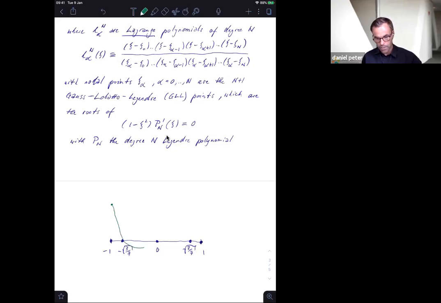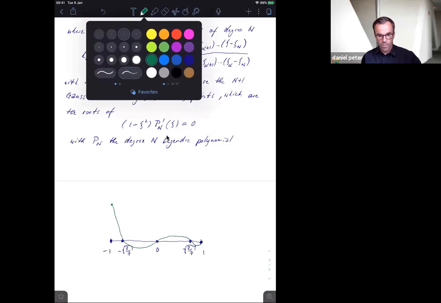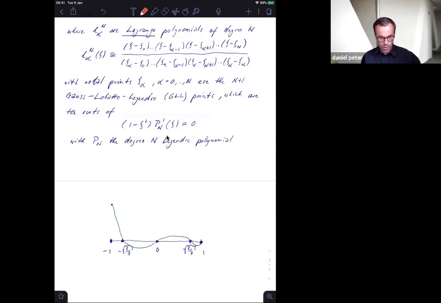Goes down here, here, here. Then the second polynomial would be 1 at the second GLL point and 0 everywhere else. So it will look something like this. Goes up here, comes down, and then 0 on the other one.